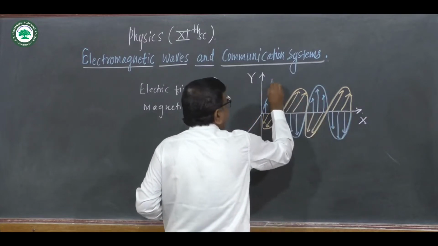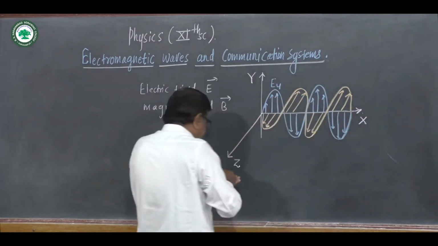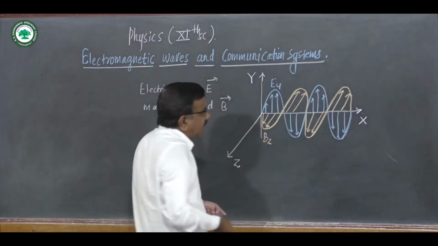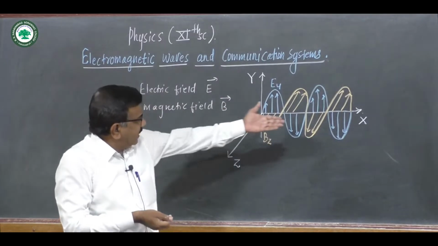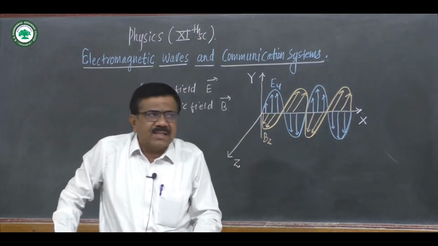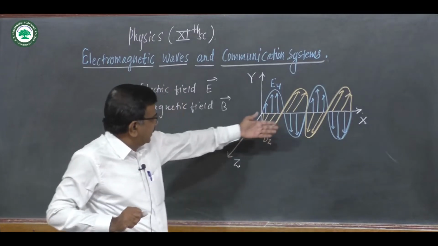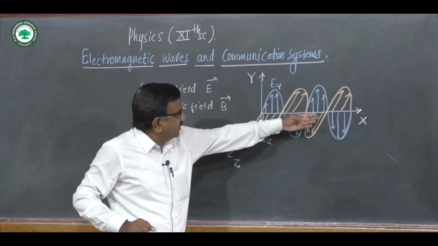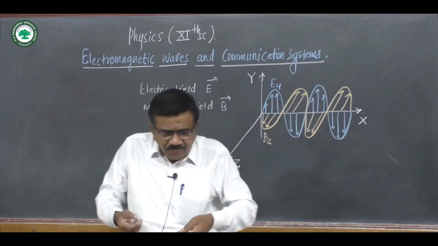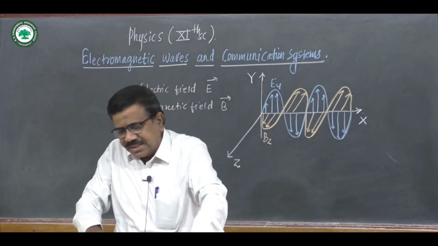This is EY, and this is BZ, the magnetic field along the z-axis. The direction of propagation is along the x-axis. This is the electromagnetic wave traveling along the x-axis, electric field along the y-axis, magnetic field along the z-axis, and both fields are perpendicular to each other.